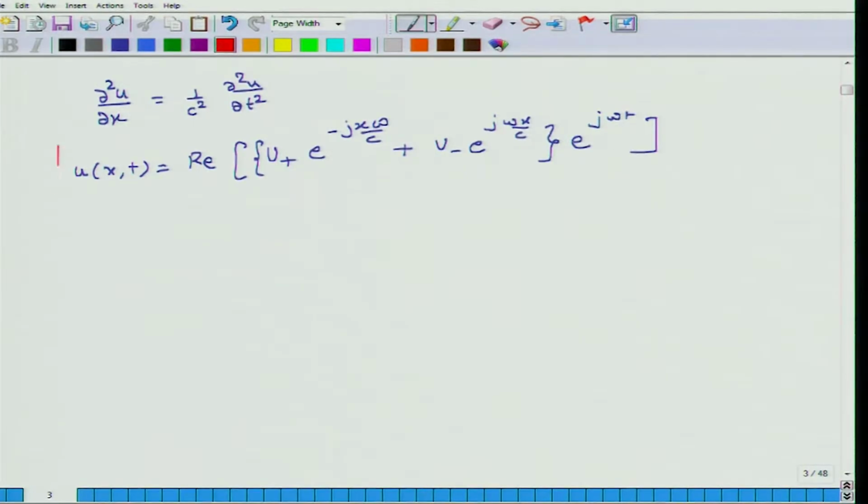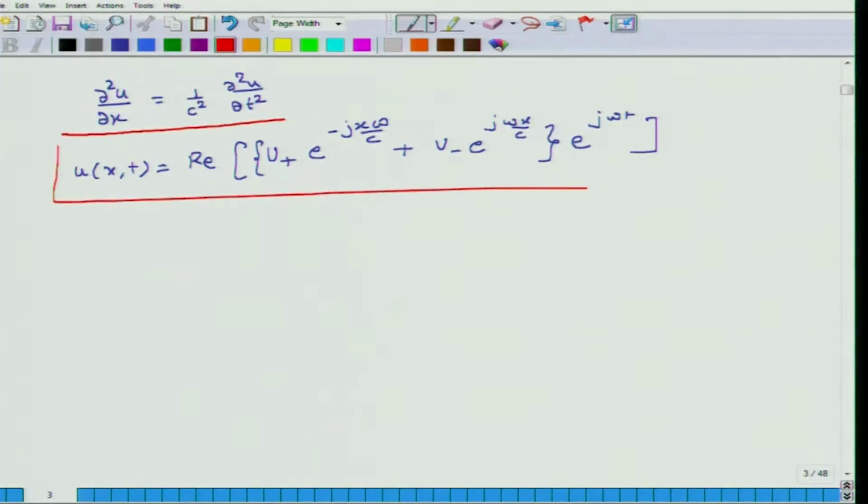And this equation is the transmission line equation for velocity.